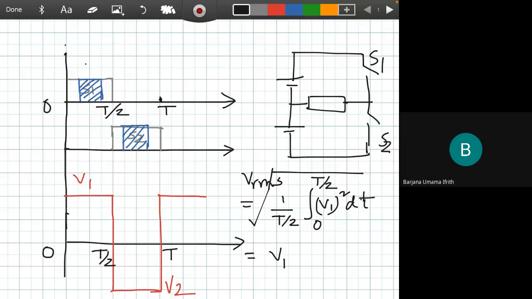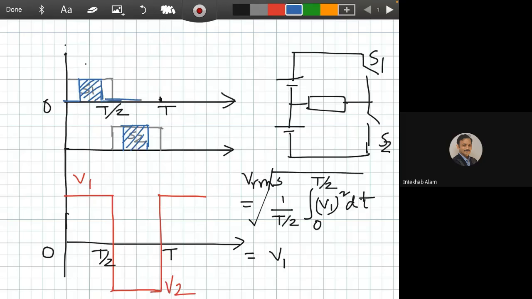Okay, so this is off up to this point, and this one is also off. We'll start here and it will remain off. So you may find this is the new pattern. The switch S1 will turn on again here.